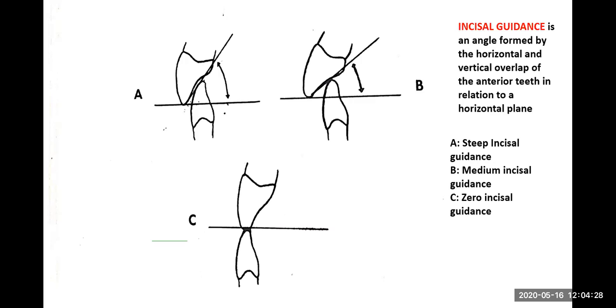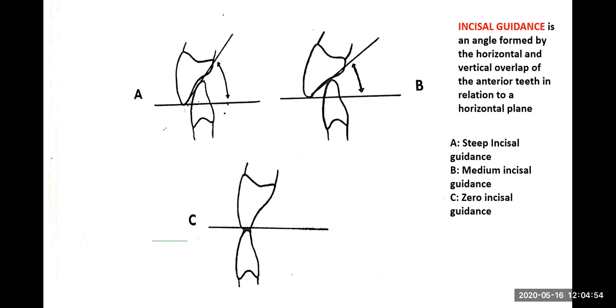Let's say we draw a horizontal plane, a line that is crossing the incisor edges of the upper anterior. And we take another line that bisects it, that is taking the angulation of the upper anterior. When we look at it, the angle that is formed by these two lines is called the incisor guidance angle.